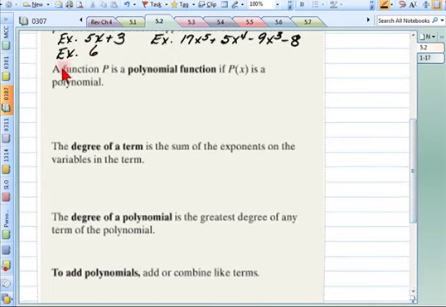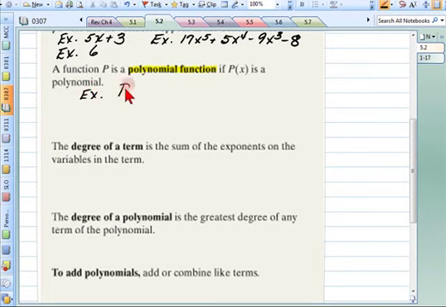A function, we've talked about functions. We used them when we talked about function notation. A function p is a polynomial function if p of x is a polynomial. Okay, I'm going to translate that. Polynomial function. An example.